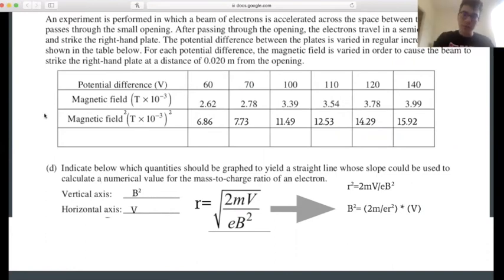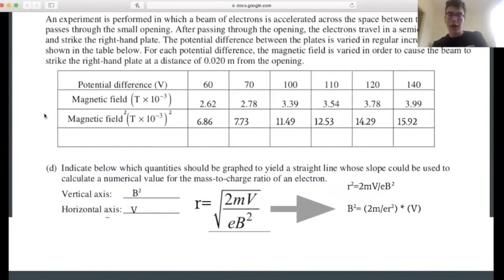So we should go back to the previous question, whose answer was r is equal to the square root of 2mV over eB squared. We'll square both sides, and then we'll isolate B squared as our y component, which is our vertical axis, and the voltage V as our horizontal axis. And so now we can see that the quantities that we'll have to graph are potential difference against magnetic field squared.